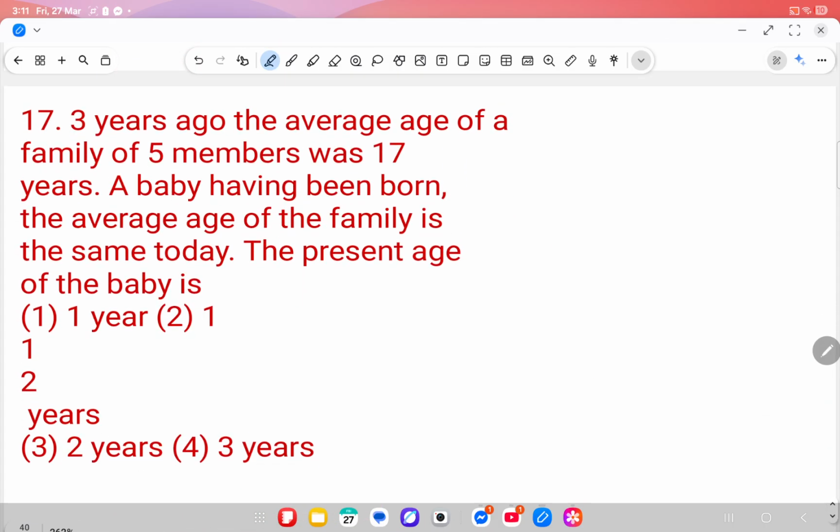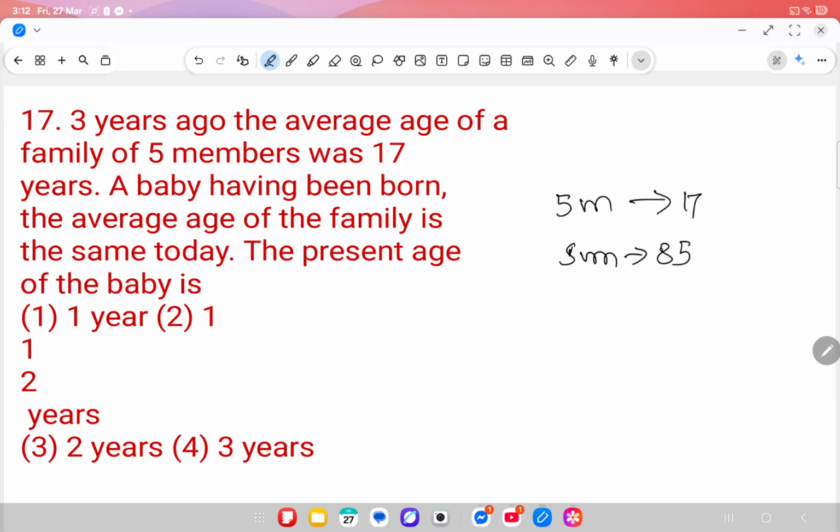3 years ago, the average age of a family of 5 members was 17. A baby having been born, the average age of the family remains the same. The present age of the baby is. So 5 members average is 17, so the sum becomes 85.